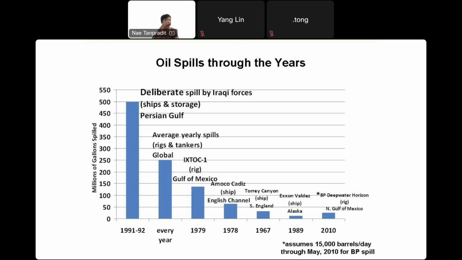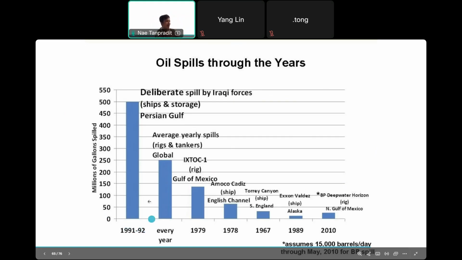And not only the Deepwater Horizon, though that is the greatest. There are many oil spills, not by oil rigs but by other causes, like this one from the Gulf War. Before you were born, right? 1991, 1992.